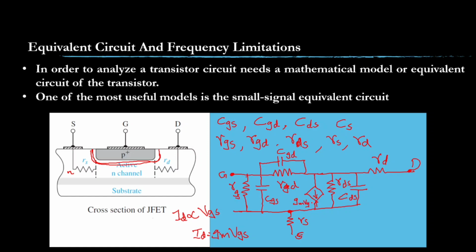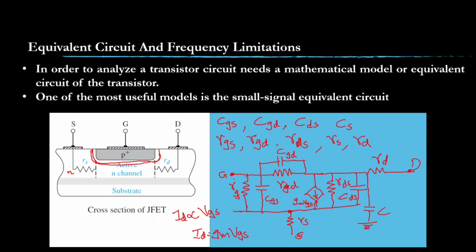That is the dependent current source. And finally, as I told, there will be a capacitance between drain and the substrate. So this is our mathematical model of the JFET.